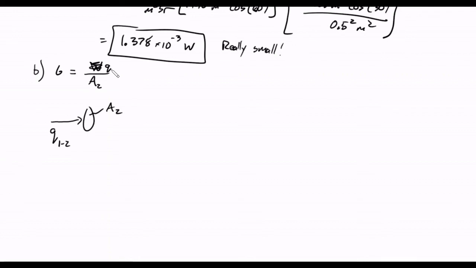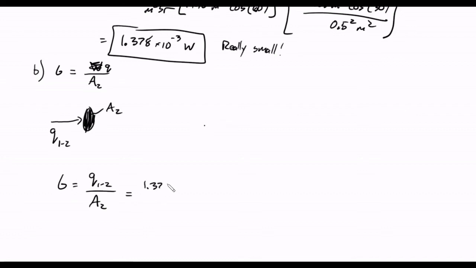Sorry, that should be a Q. So our irradiation is simply the heat rate we just found divided by the total actual area of our surface. These heat fluxes we always write with respect to the real surface, not projected surface, because usually we don't know what direction this is coming from, so we couldn't even write a projected area for it.